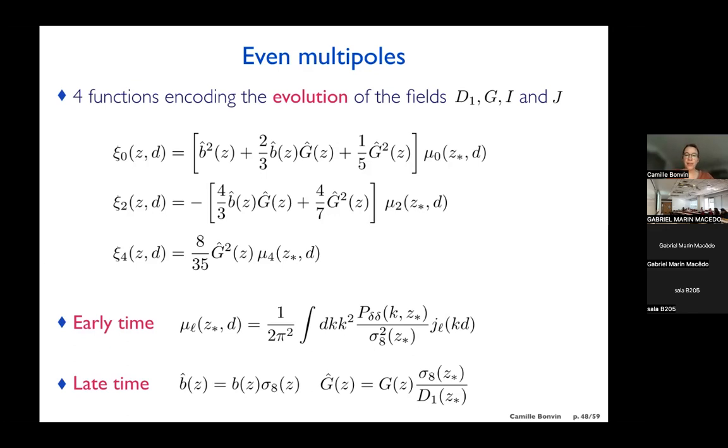And so what these even multipoles tell us is that by measuring these different multipoles, we are able to measure B hat and J hat in each of the redshift bins where we are doing our observation. And so if the continuity equation is valid, J hat reduces to f sigma 8, which is the quantity that is standardly measured in large-scale structure surveys. So this is for the standard term.